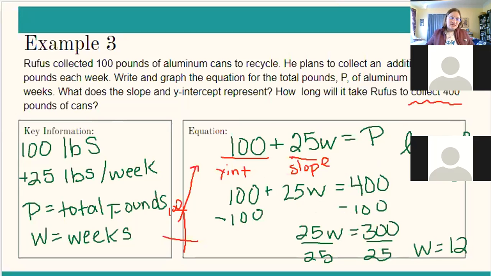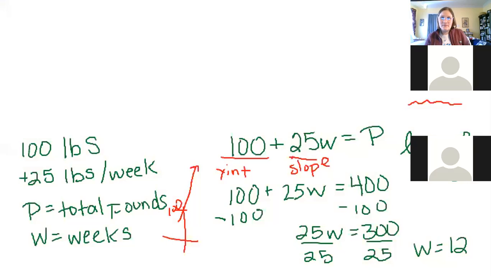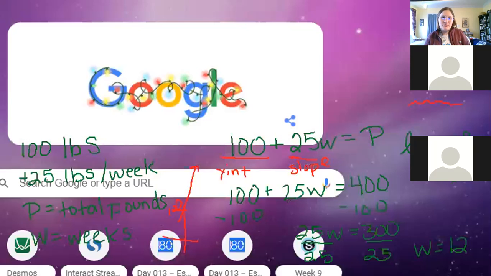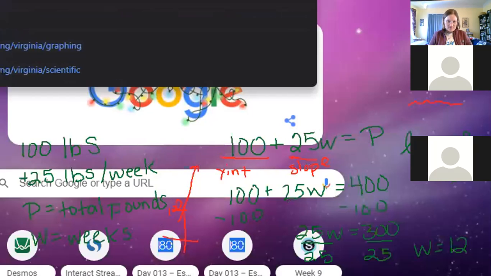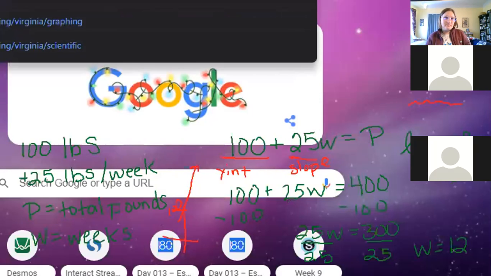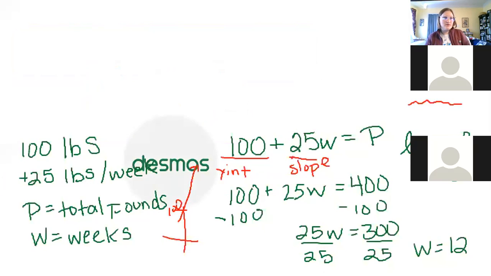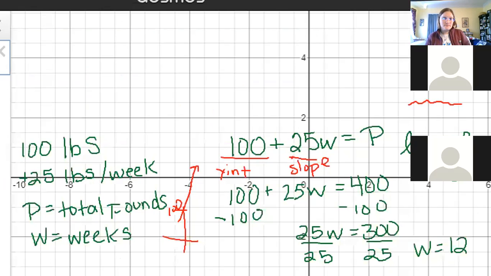Now, really quickly, before I let you loose to try some, I am going to pull up Desmos because we love Desmos. And I'm going to say 100 plus 25W equals P. I'm not sure if it'll graph it with W's and P's.